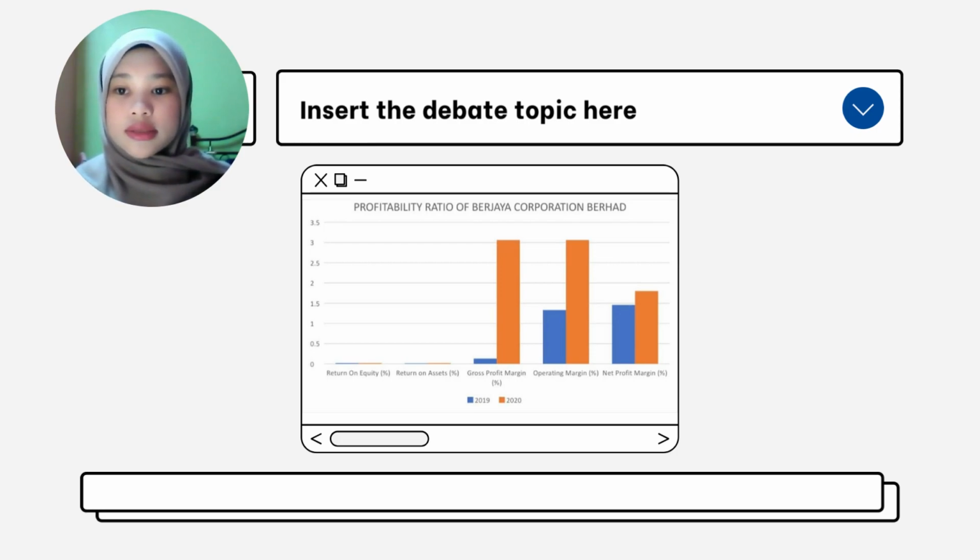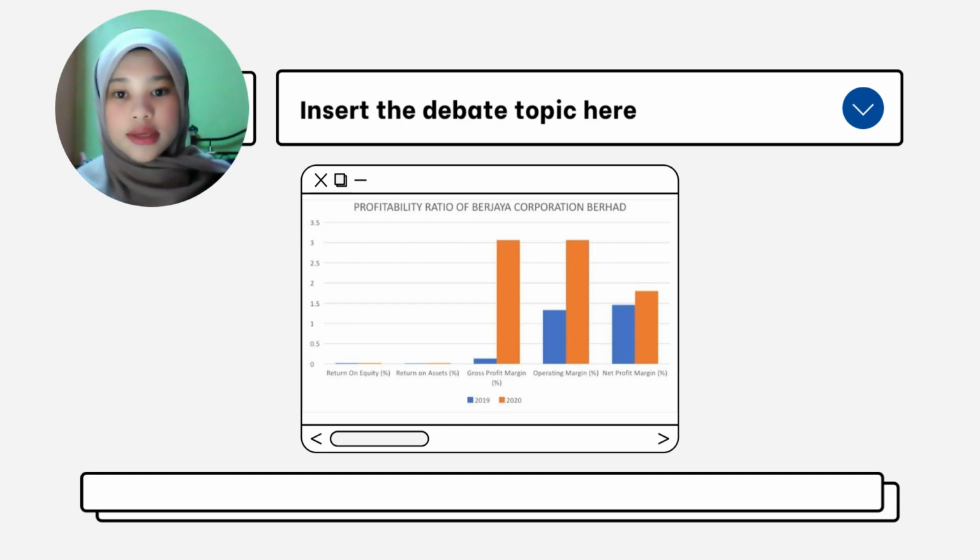For the gross profit margin, the data in 2019 is 0.13%. Meanwhile, in 2020, we can see that it is 3.06%. For the operating margin, 2019 is 1.33%, while 2020 increased a lot, which is 3.06%.